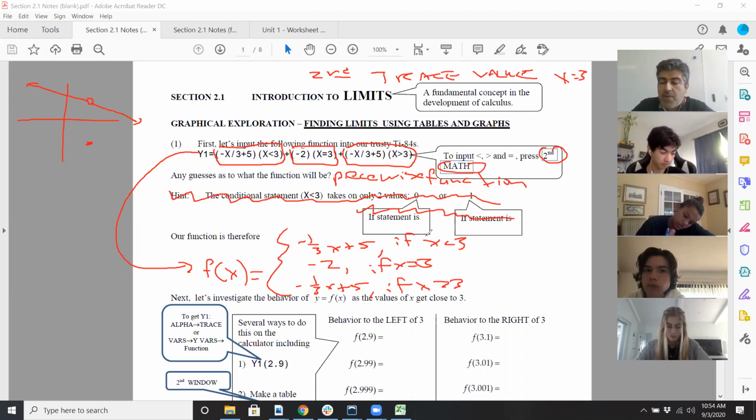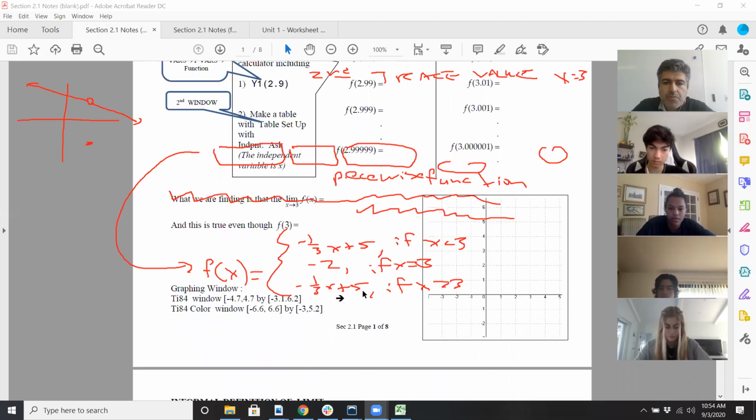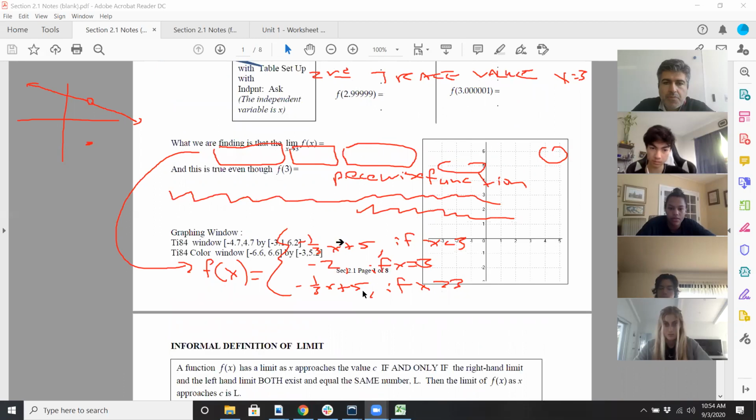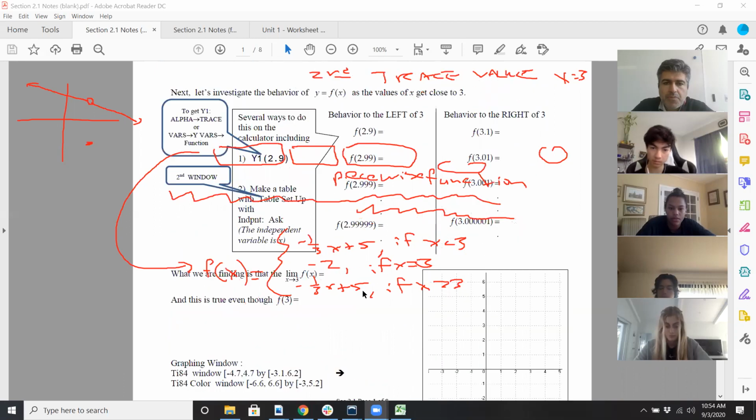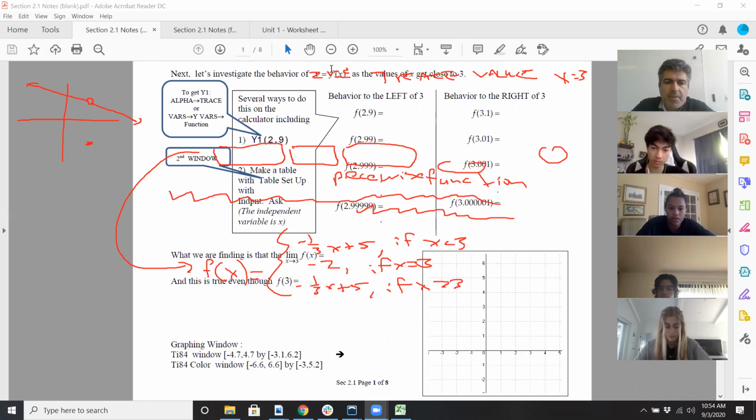Any questions, or does anyone need a little more time to get the graph all established? Okay, and again, we're graphing a piecewise function. So if I kind of scroll down, see if I can somehow lasso this.